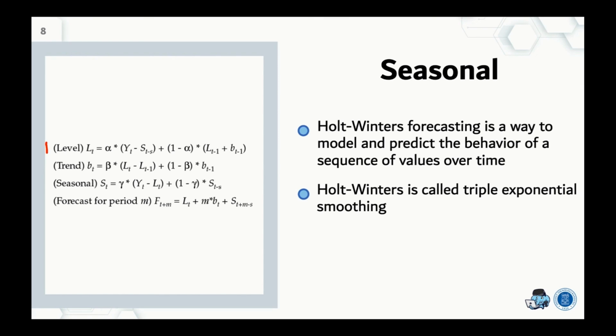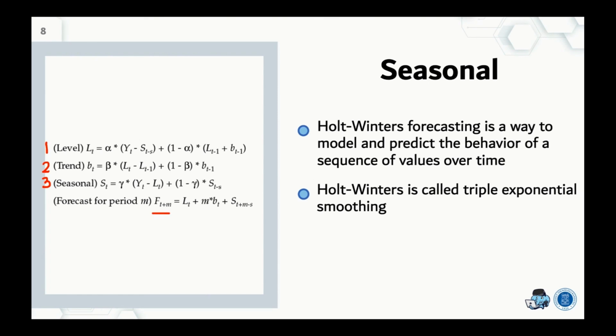And the second one, when we embed the trend, the formula becomes like this. And the third one, we embed another factor that we call the season, so the forecast for the next season becomes like this.